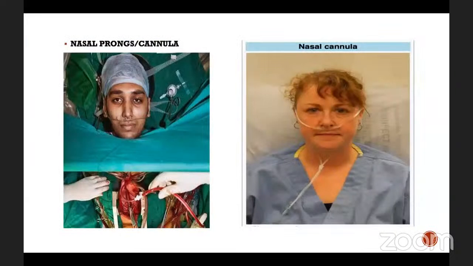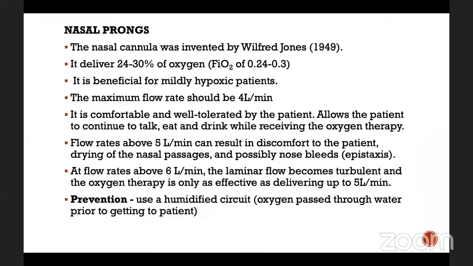Now, this picture helps us to understand how the nasal cannula works and how it's connected in patients. It was modified by Wilfred Jones in 1940. It delivers about 40% oxygen, so for a patient, the flow rate should be at 4 liters per minute. It is comfortable and well tolerated by the patient, and while they are receiving the therapy, they can also eat and drink.